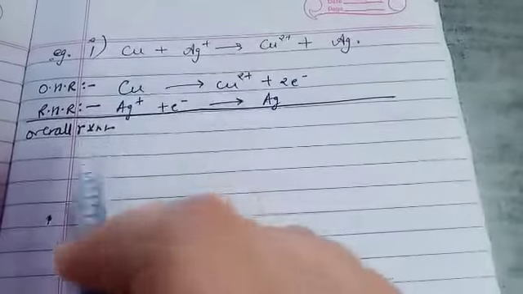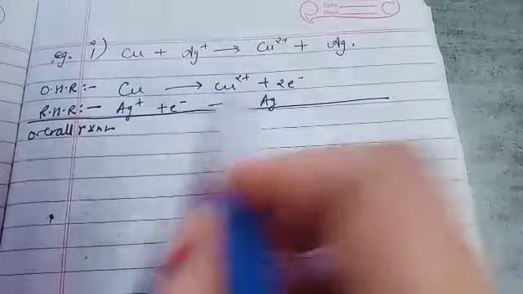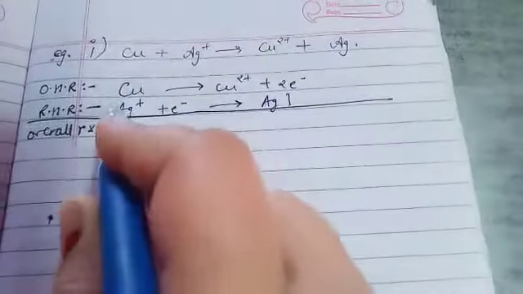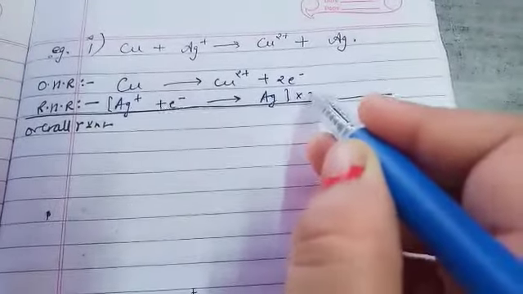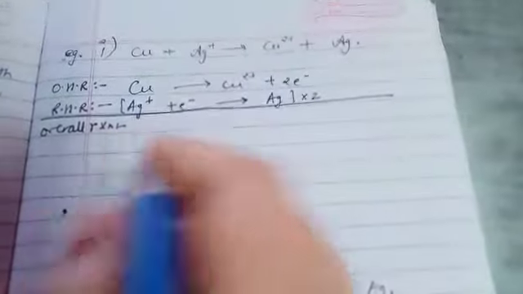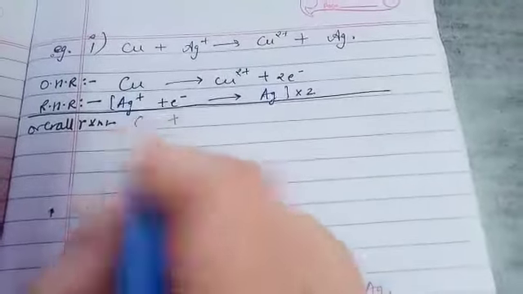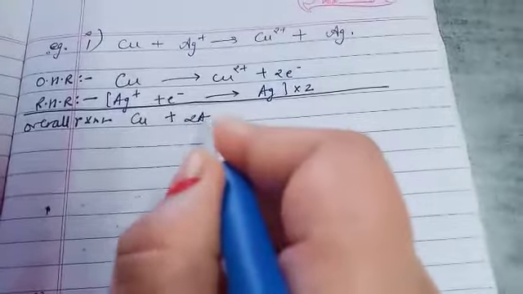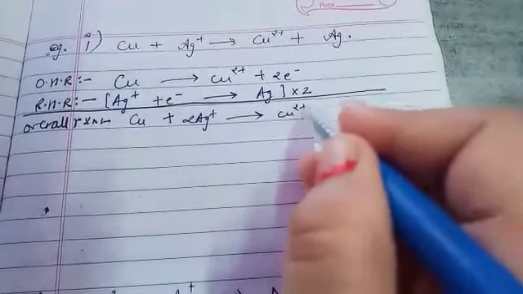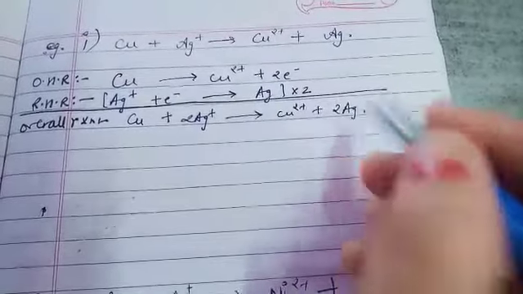For writing the normal overall reaction, these two electron counts should be equal. Since they are not equal, you multiply the equation with a suitable number, so the reduction half reaction is multiplied by 2. Now write the overall reaction: Cu plus 2Ag positive gives Cu2 positive plus 2Ag. This is the simple overall reaction.